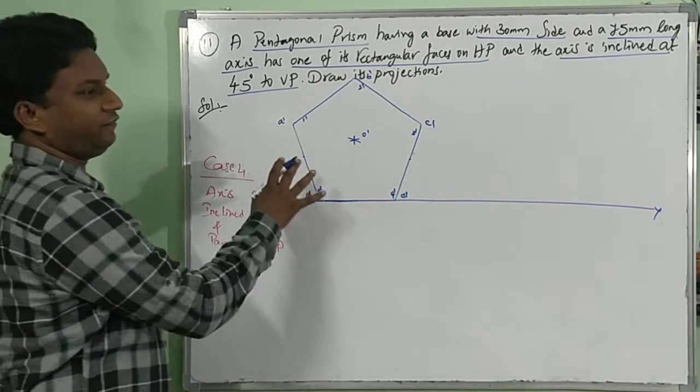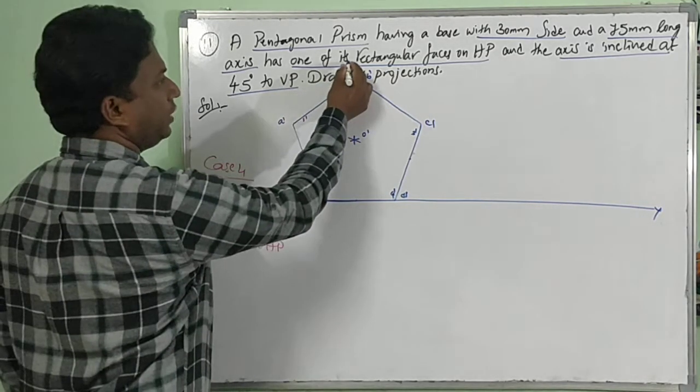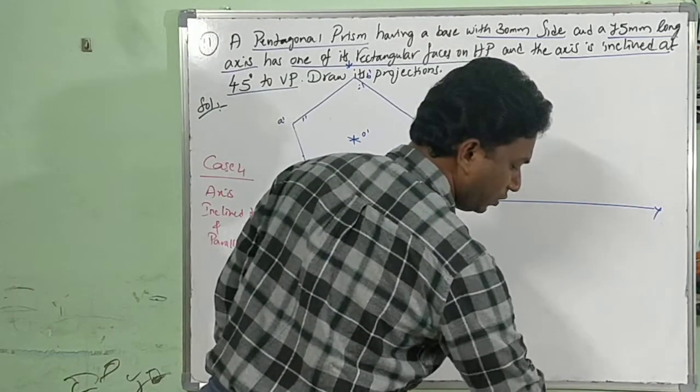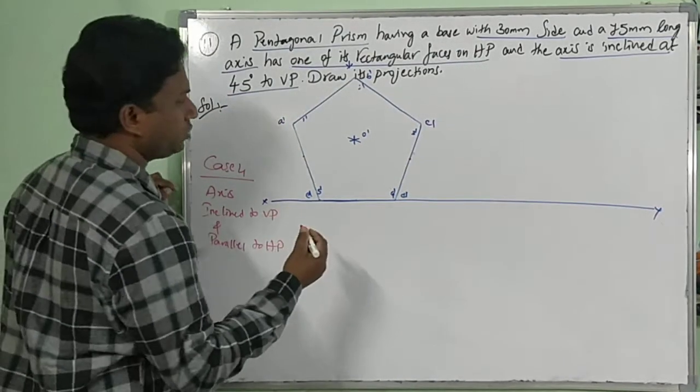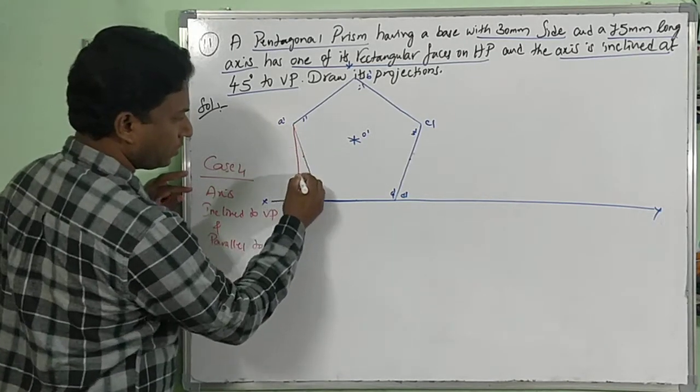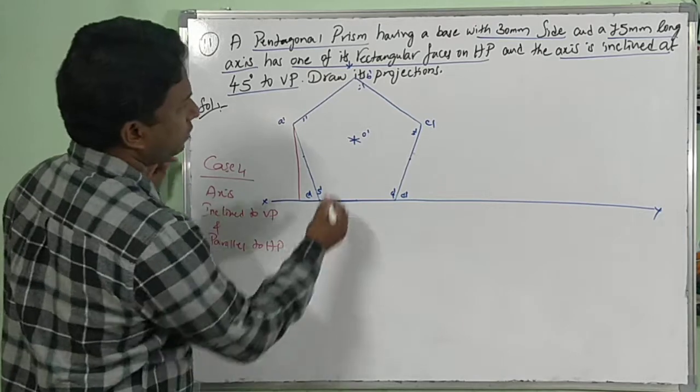Now this is the front view. From the front view, when you are looking from here, that becomes the top view. To draw the top view, what are we supposed to do? We are supposed to draw the projectors. From A, a vertical projector.